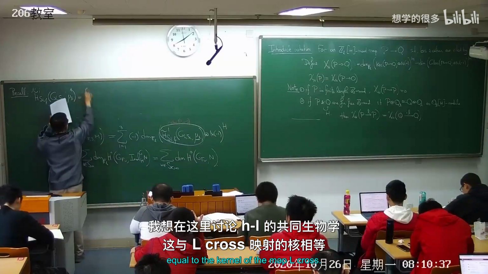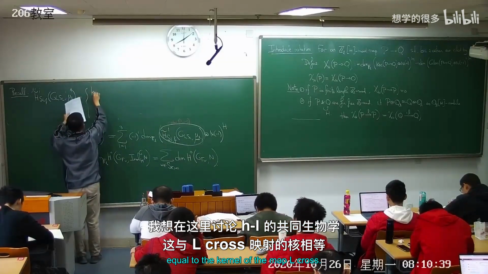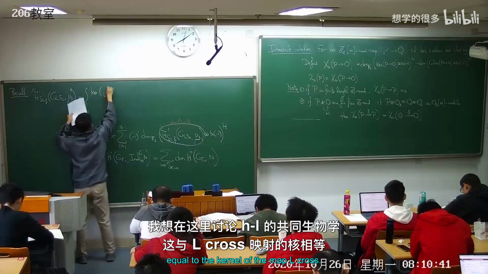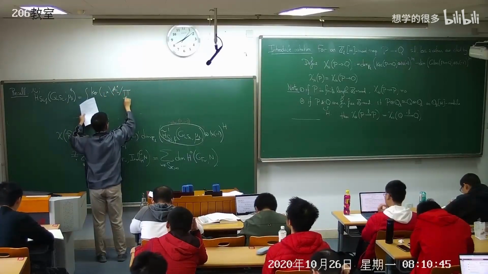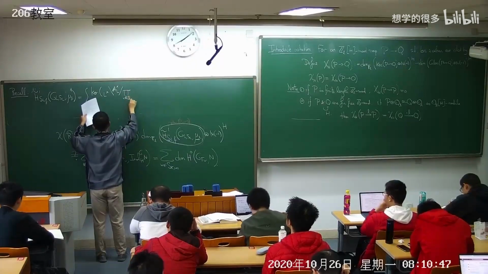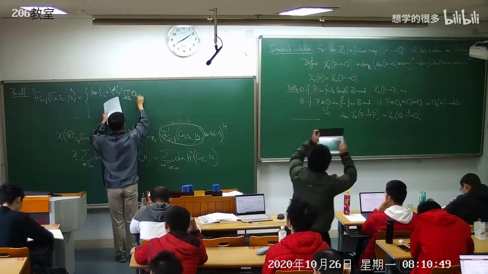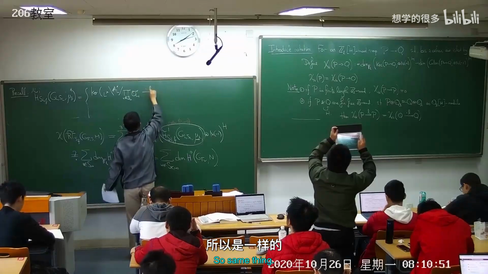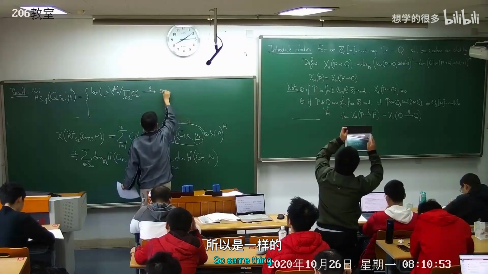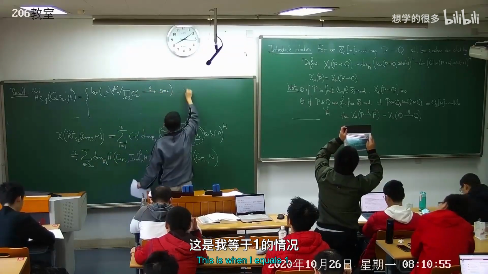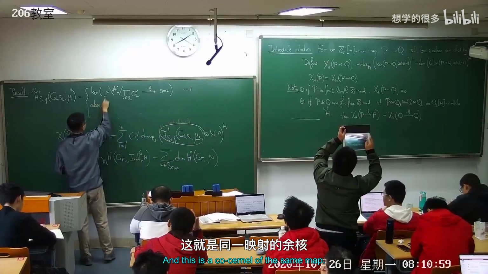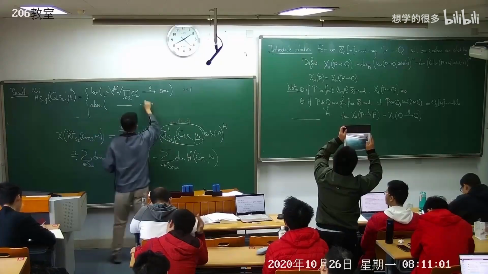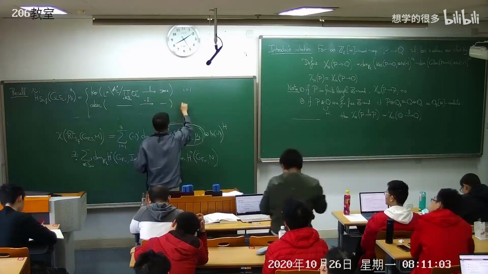This is equal to the kernel of the map L cross, it's the same thing. This is when I equals 1. And this is the co-kernel of the same map, I equals 2.